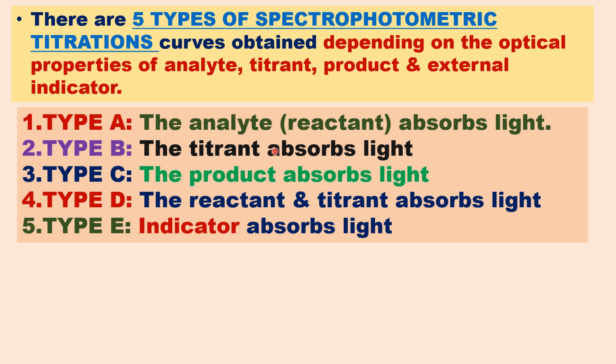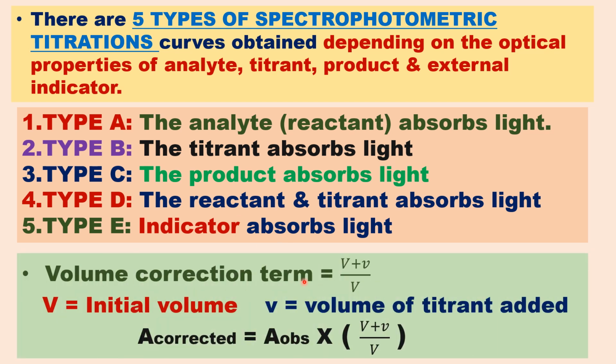In type B, the titrant only absorbs light, whereas the analyte and product do not absorb light. In type C, the product only absorbs light. In type D, both the reactant and titrant absorb light. In type E, the external indicator added absorbs light. For example, in acid-base titration, phenolphthalein is used as indicator. It absorbs light.